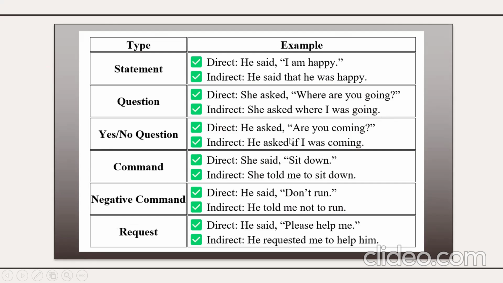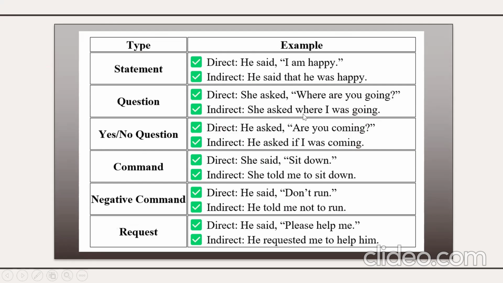Now, if the question does not begin with a WH word and begins with a yes or no question, that's a helping verb: is, am, are, was, were, do, does, did, has, have, had, will, would, shall, should, modals, etc. So he asked, we'll write if to connect these. For a statement we use that.